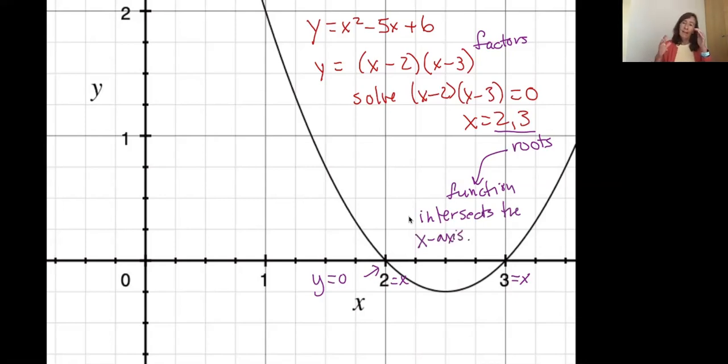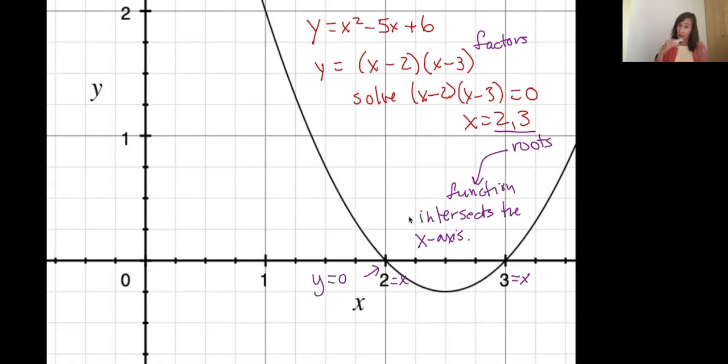Okay. Think back to the previous lesson when we were thinking about the linear functions, and that intercept parameter was the value where x equals 0. That told us where the function intersected the y-axis.